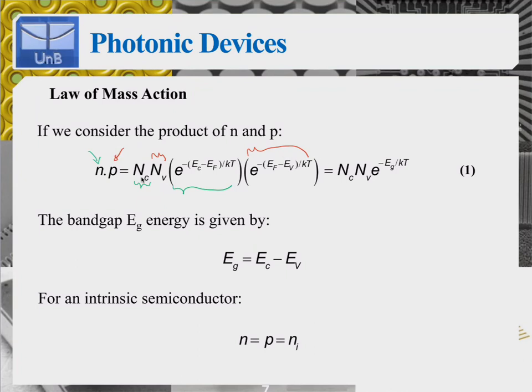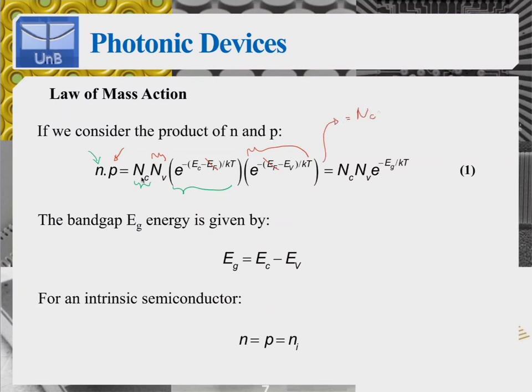So some things cancel out here, right? Here you have e to the power of minus EF, which is equal to e to the power of EF. And here you have e to the power minus EF. So this cancels this out.